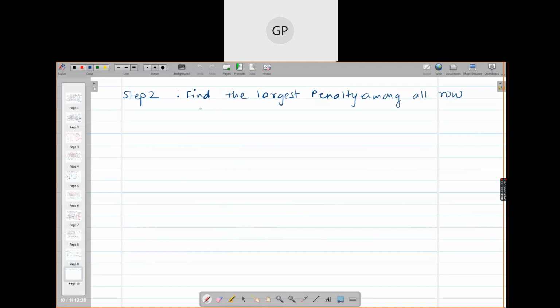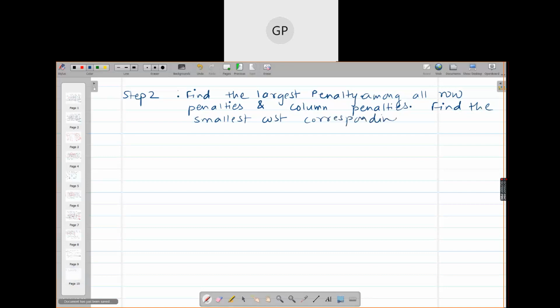So find the largest penalty among all row penalties and column penalties. Then find the smallest cost corresponding to the largest penalty row or column.